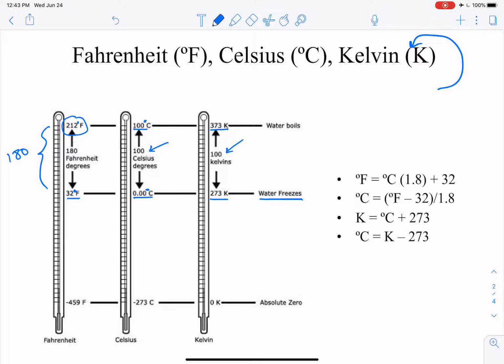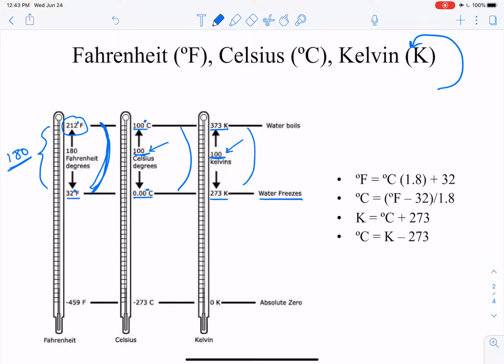Now that sounds really weird because it looks like 180 is the bigger number. 180 is bigger than 100, but we've got the same distance right here, and we can fit 180 Fahrenheit degrees in that distance, whereas we can only fit 100 degrees between water freezing and boiling in both the Celsius and Kelvin scales. So the degrees in Fahrenheit are smaller.